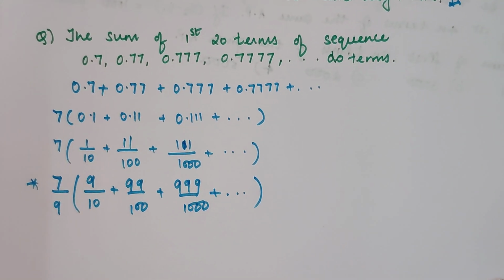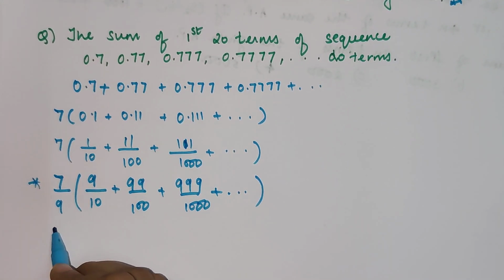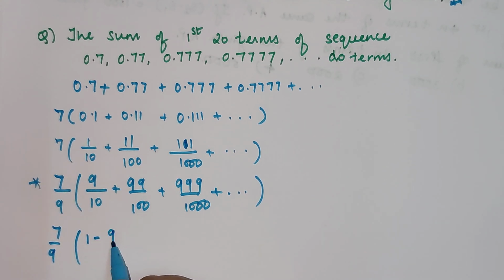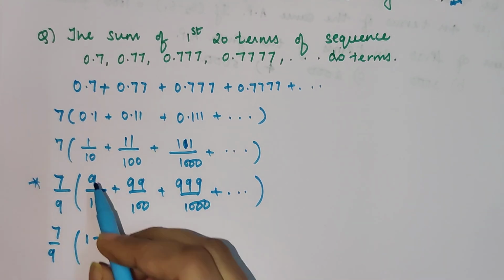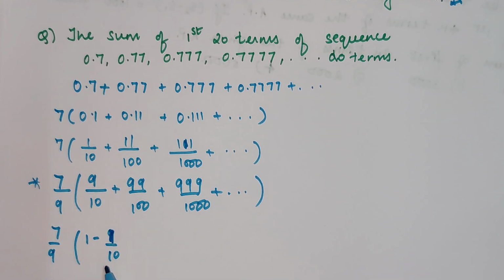Now after this step, let's write this as nothing but 1 minus 1 upon 10, right? Because 9 upon 10, if you take an LCM, you will get 10 minus 1, which is 9 upon 10.